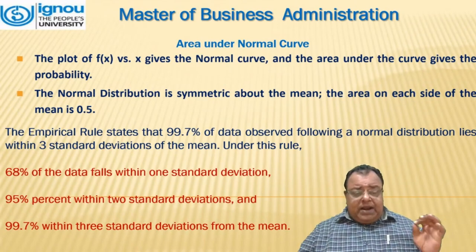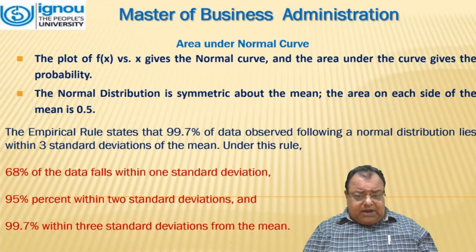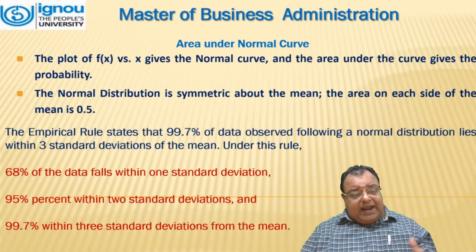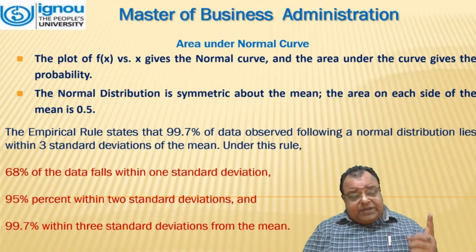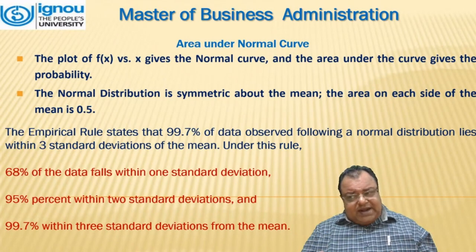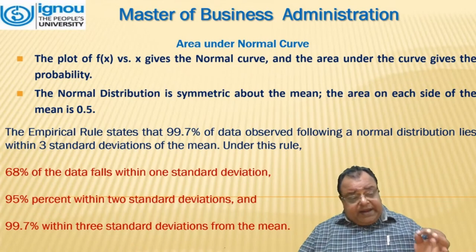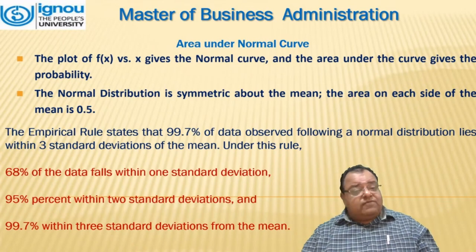The empirical rule states that 99.7% of the data observed following a normal distribution lies within 3 standard deviations of the mean. And under this rule, 68% of the data falls within 1 standard deviation, 95% of the data within 2 standard deviations, and 99.7% within 3 standard deviations from the mean.